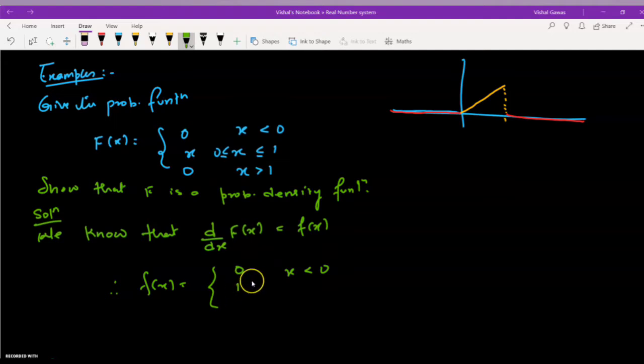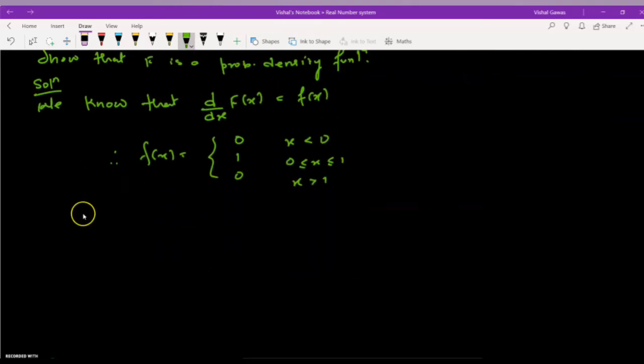Derivative of x, that's 1, for 0 less than x less than 1. And here anyway it's 0. So therefore, the integral from minus infinity to infinity of f of x is the same as the integral from 0 to 1, because this is 0 everywhere apart from that.